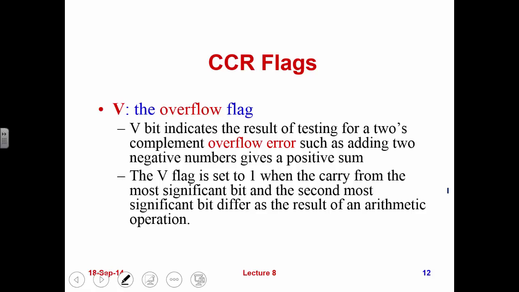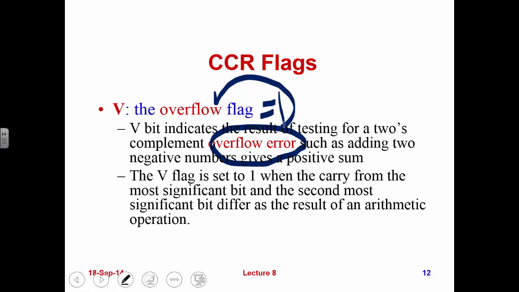These numbers must be two's complement numbers, in other words, considered to be signed numbers. When we do addition or subtraction, if it turns out our result, from the point of view of sign, is wrong, that's called the overflow error. If that happens, it makes the overflow bit 1.